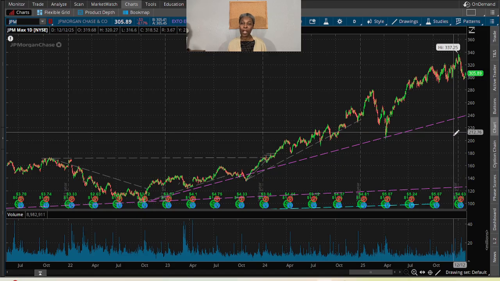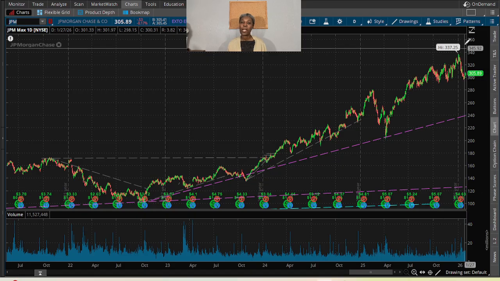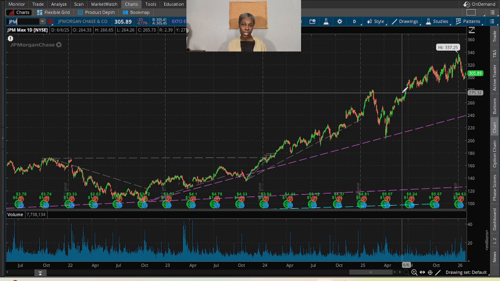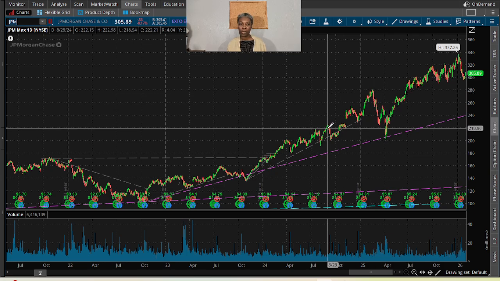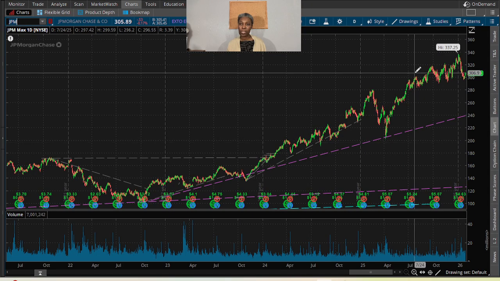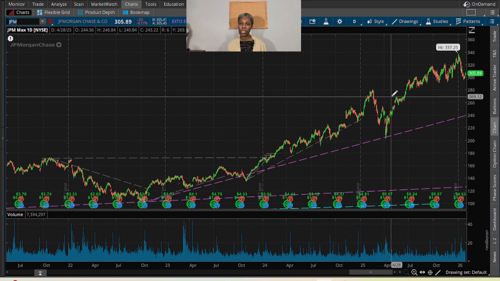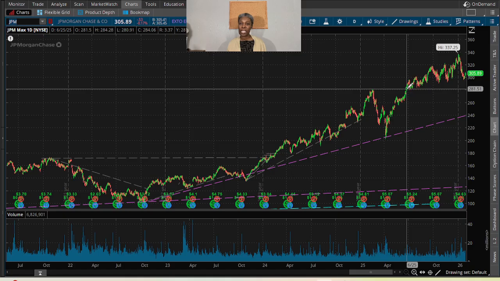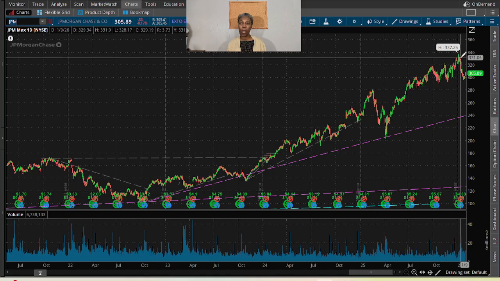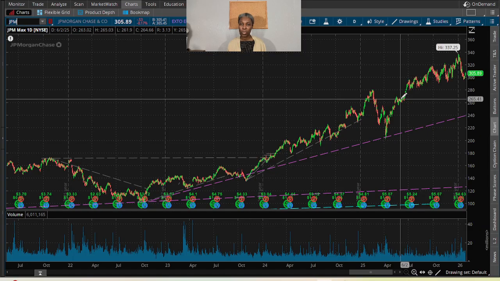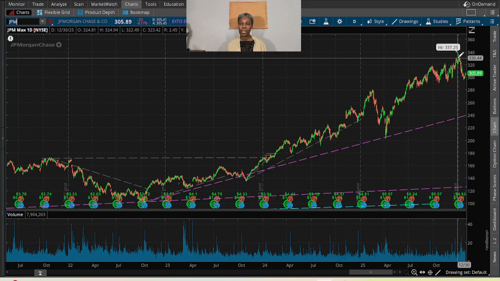We like to buy around the valley line and sell after it reaches the all-time highest peak. And you can see that when it reached the all-time highest peak here, it continued for a while. So when it surpassed the tallest peak, we are not going to sell it right away.